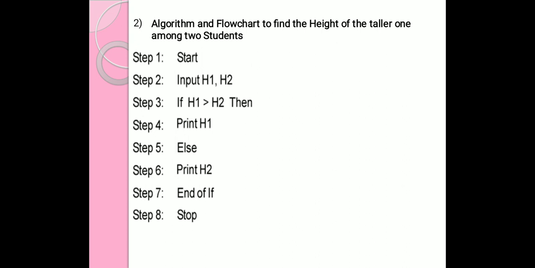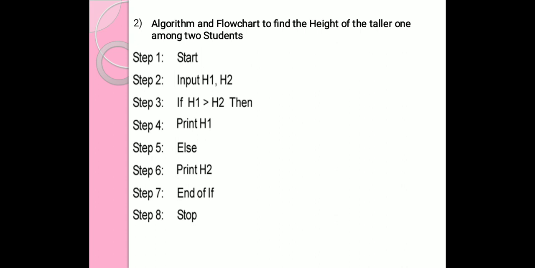For the first student use h1 as the height, for the second h2. Then compare: if h1 greater than h2, then the tallest student is h1. Else, if h1 greater than h2 is wrong, then the tallest student is the second student.